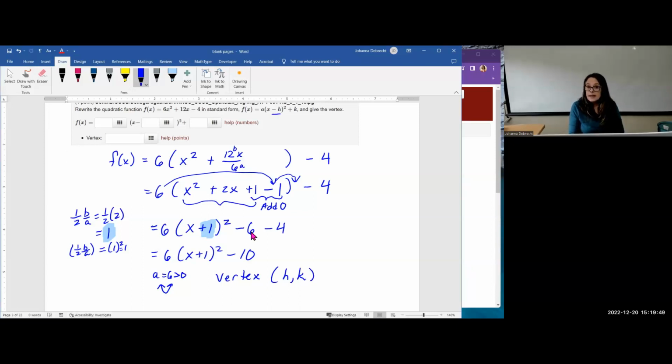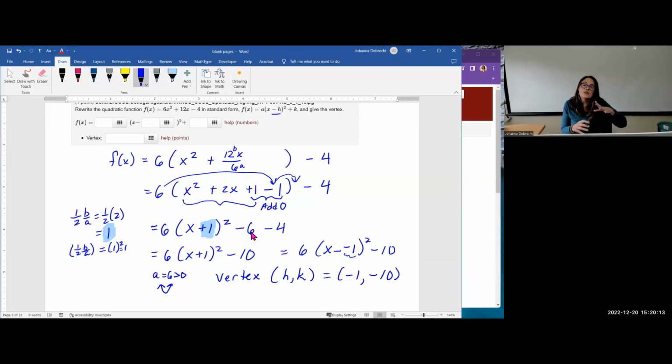Now this doesn't have a minus in it, so how do I deal with that? Well, I can make it a double negative. So this would be the same thing as writing 6, x minus a -1 squared minus 10. So this right here becomes my h. So the vertex becomes -1, -10.